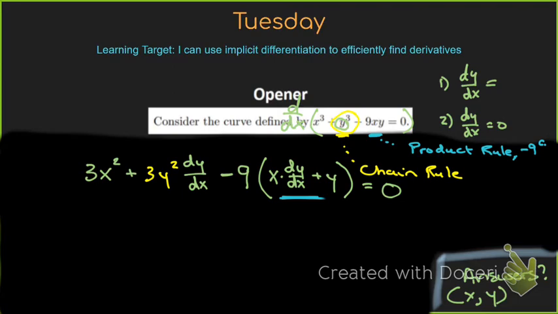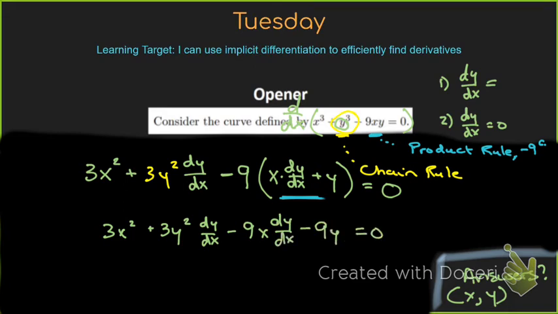So I'm going to go ahead and start collecting terms, maybe do some distribution. We're going to get 3x squared plus 3y squared dy dx, subtract 9x dy dx, subtract 9y, and that all equals 0. Does anybody see anything nice that you would do at this point?